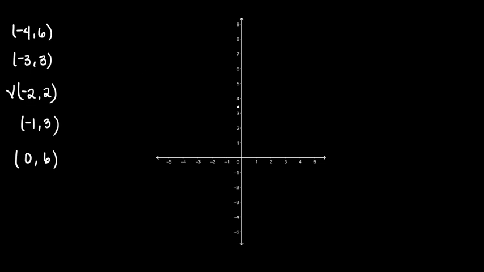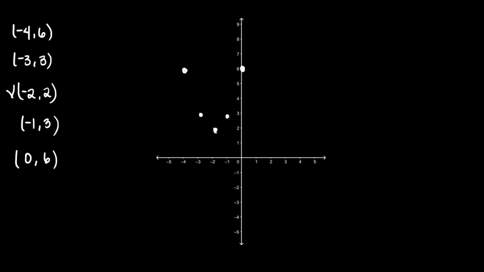So negative 2, 2 is up here in the second quadrant. So negative 2, 2 is here. And then let's start with negative 3, 3. So negative 3, 3 will be somewhere here. And then negative 1, 3 is here. 0, 6 is here. And then negative 4, 6 is here.